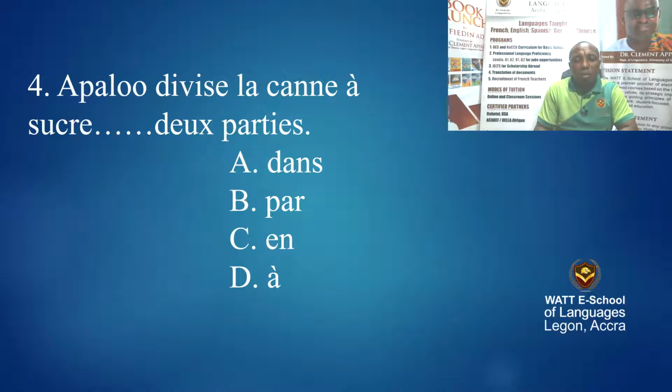Preposition par, preposition un, preposition en, and preposition à with accent, which means to or at. Since he's dividing something into two, we need a preposition that goes with into, and the correct one is C. I hope you get it. So simple.